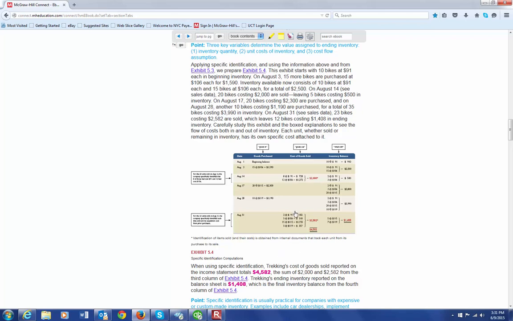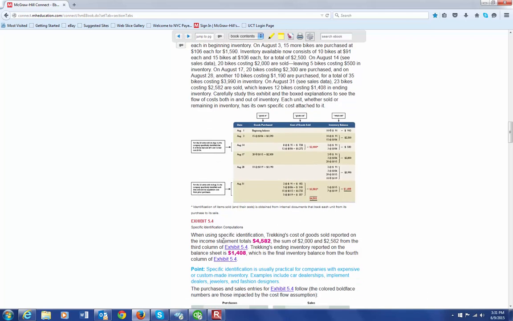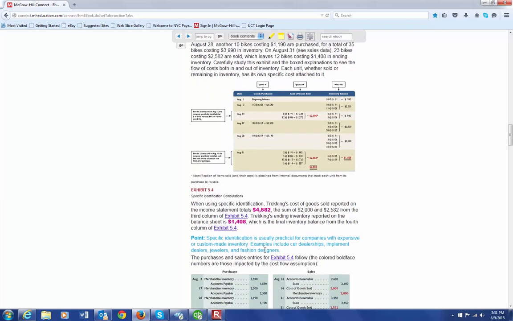In this case, they were able to determine, using specific identification, that the cost of the 43 bikes that they sold were $2,000 from this group and $2,582 from this group. And therefore, the cost of goods sold is $4,582.